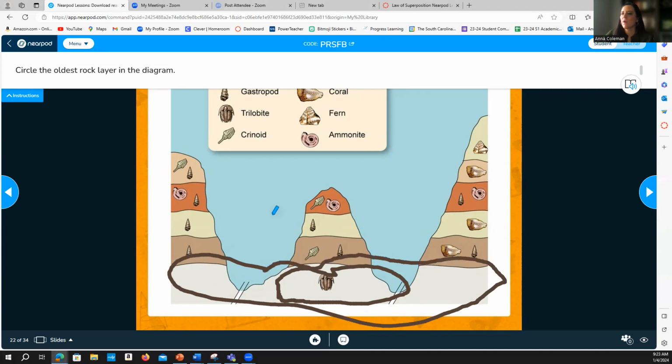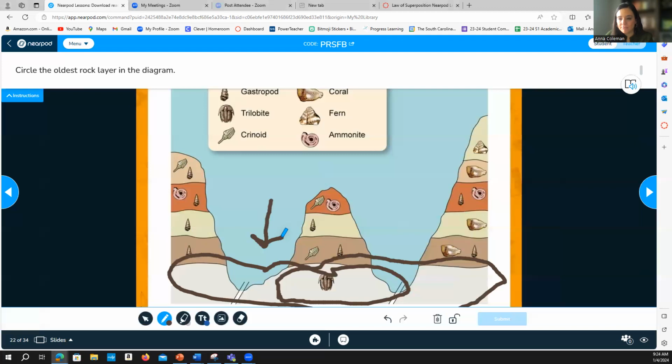But we're trying to identify the one on the bottom, right? Because that's gonna be the oldest rock layer. So that's what you should be looking for in your Nearpod. All right, so go ahead, circle the oldest rock layer in the diagram.